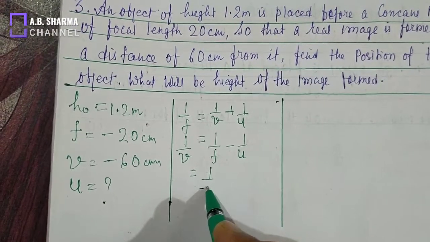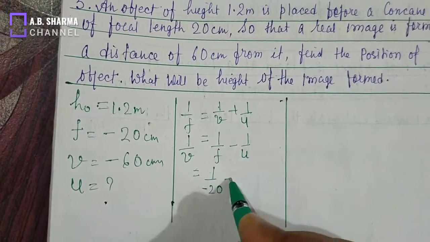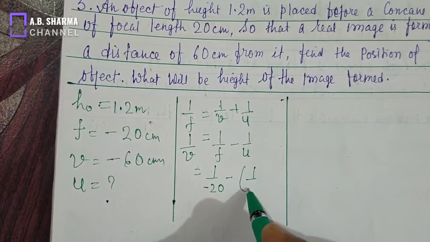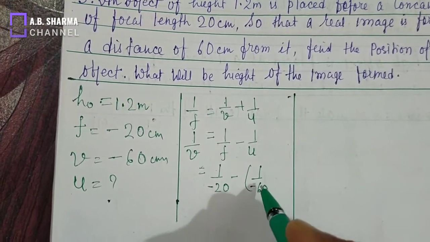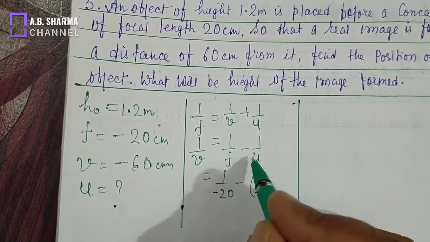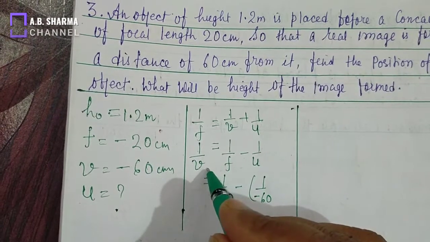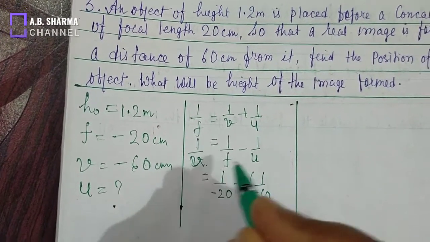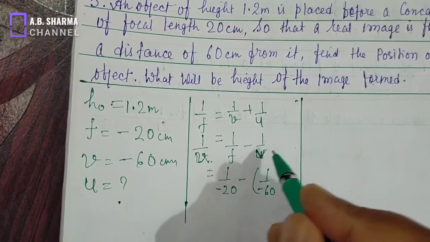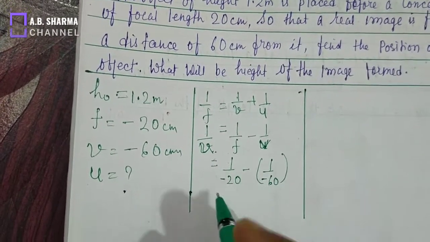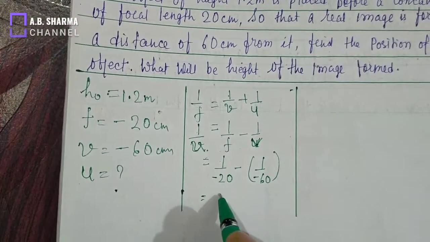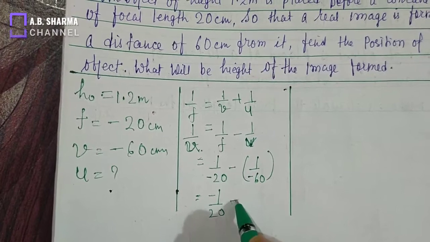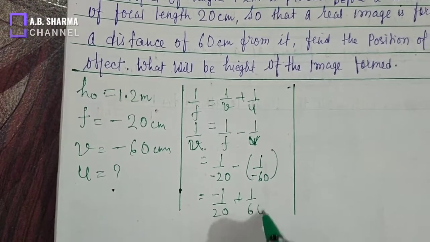this will be equal to 1 upon minus 20 minus 1 upon minus 60. Sorry, image distance is given, so this is 1 by u and 1 by v, and v is minus 60. So we can write minus 1 upon 20 plus 1 upon 60.